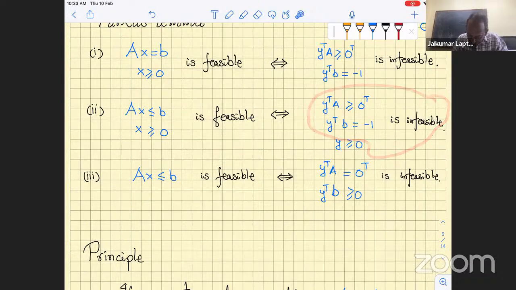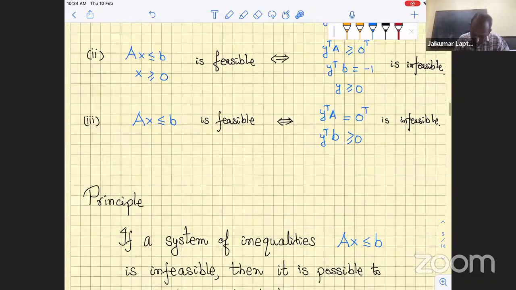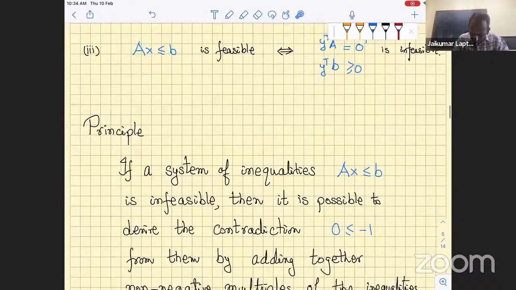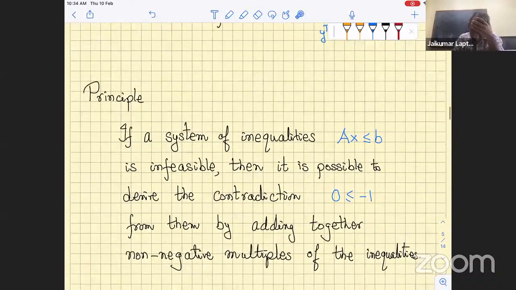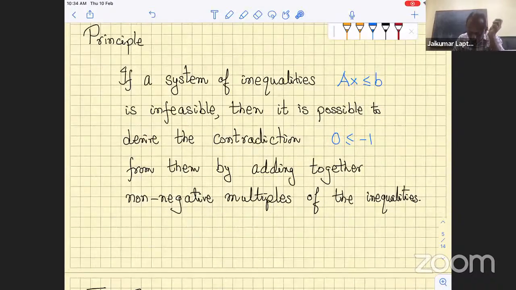And the reason that this part is infeasible is because there was an X which satisfied some constraint. So if something is infeasible, it is for a reason, because we can derive such an inequality from it. And why is this true?